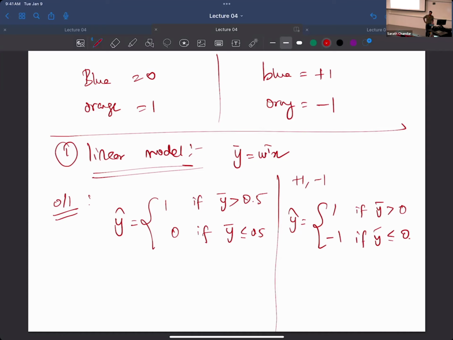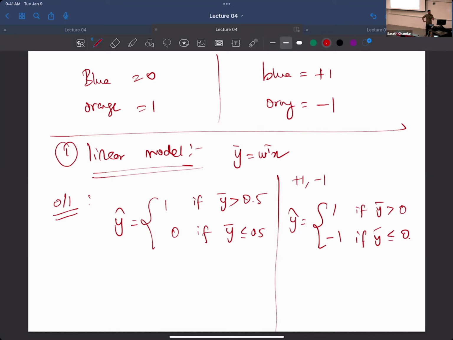Without knowing anything about the classes, you should go for the safest choice, which is exactly in the middle, right? However, if I tell you something about blue and orange, like this one is more likely, then you can start tweaking. So this threshold is, by the way, kind of a hyperparameter.